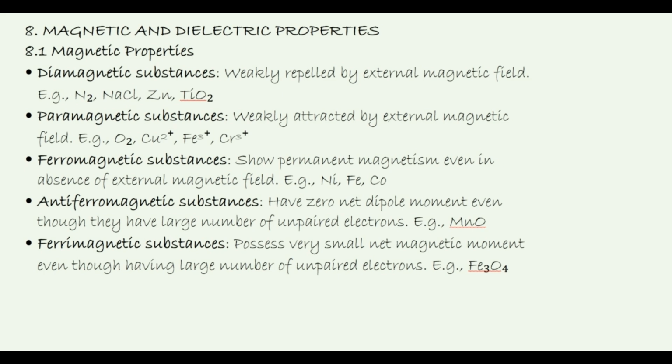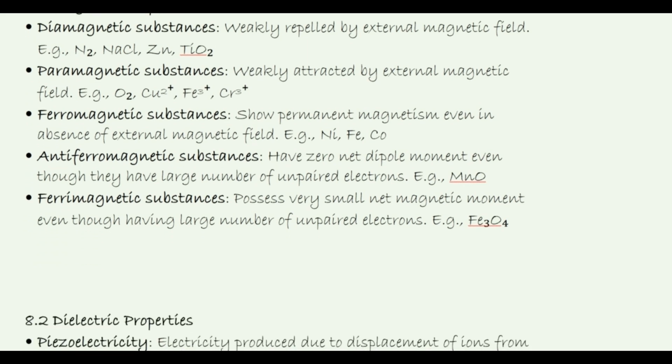For example, manganese oxide. Please make a note of these examples. Ferrimagnetic substances possess very small magnetic behavior even though they have a large number of unpaired electrons. For example, Fe3O4.